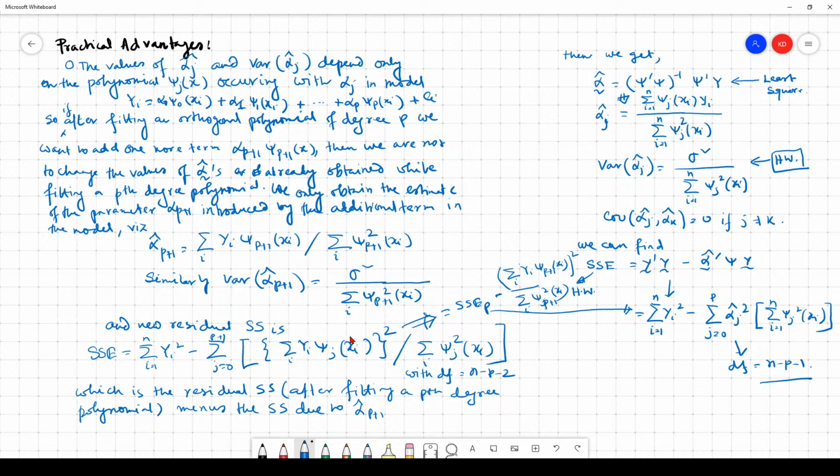But here, we see that if you add one more, or increase one degree, then you just compute the last adding piece. So this is the beauty of this. If you use orthogonal polynomial, just compute the additional part. You do not require to compute the whole thing.